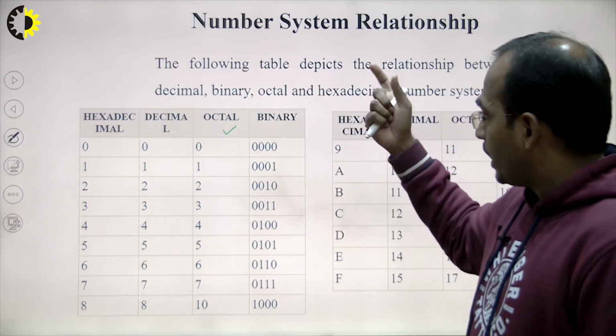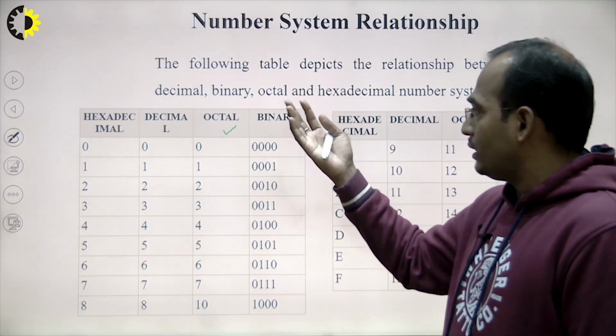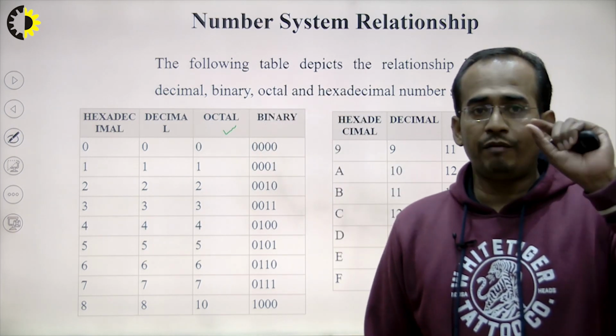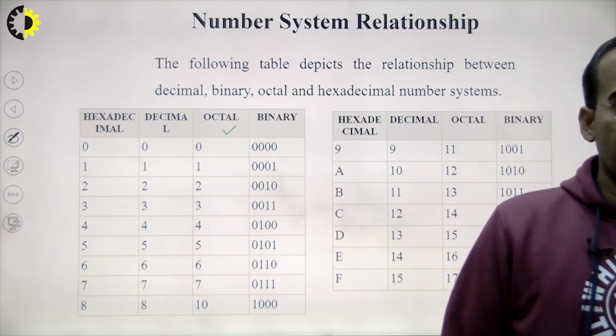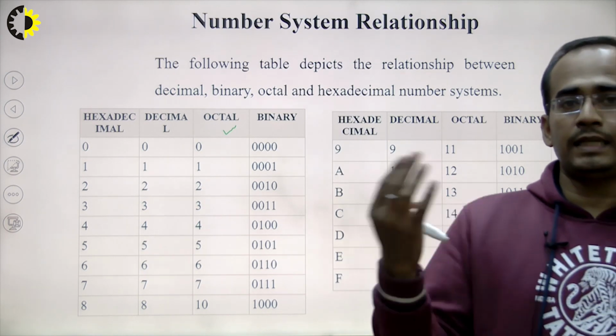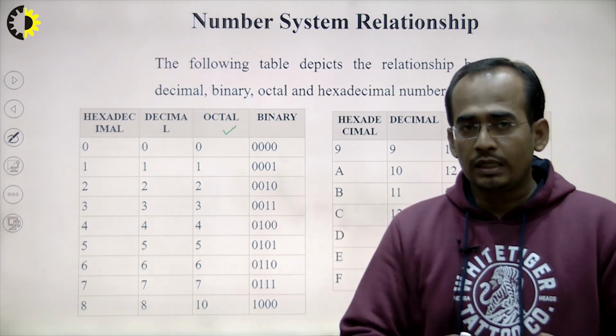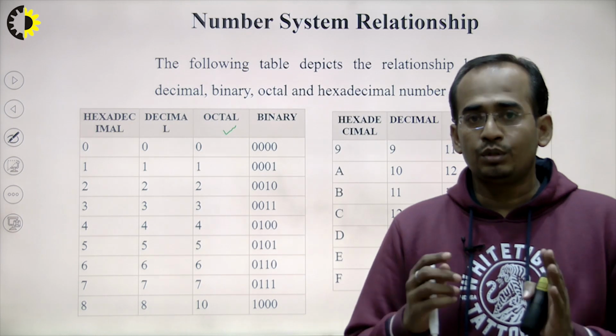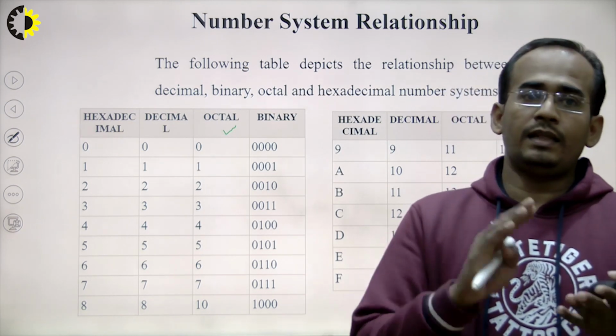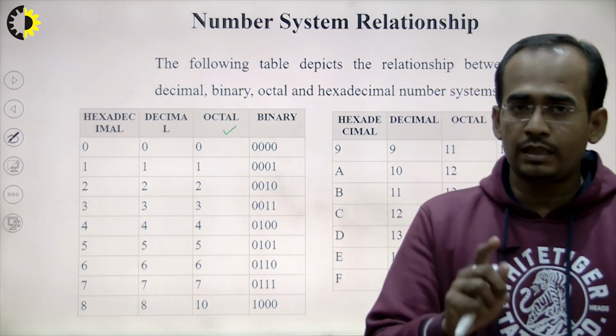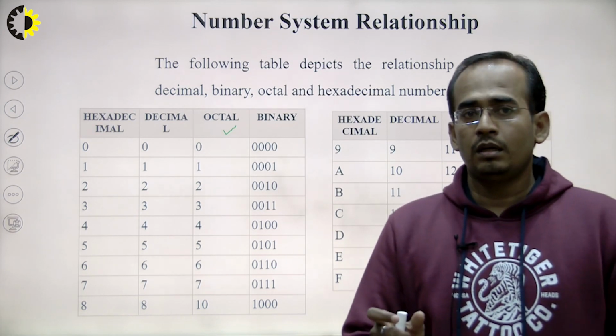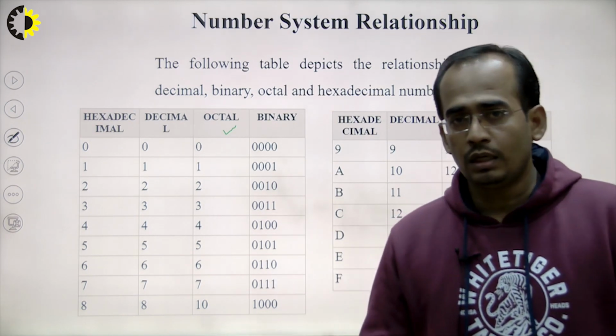When I am converting the octal number system into the binary number system, we have to make pairs of 3 digits. And if I want to convert the hexadecimal number system into the decimal number system using the binary number system, then I have to make pairs of 4 digits. After that we can convert it into the decimal number system.